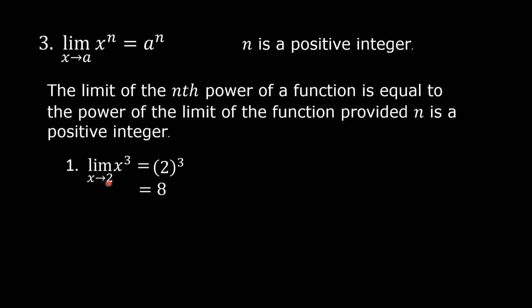Replace x by 2. So we have 2 cubed, and then 2 cubed is 8. Number 2 example. The limit of x squared as x approaches 5. Replace x by 5, and then 5 squared. So 5 squared is 25.